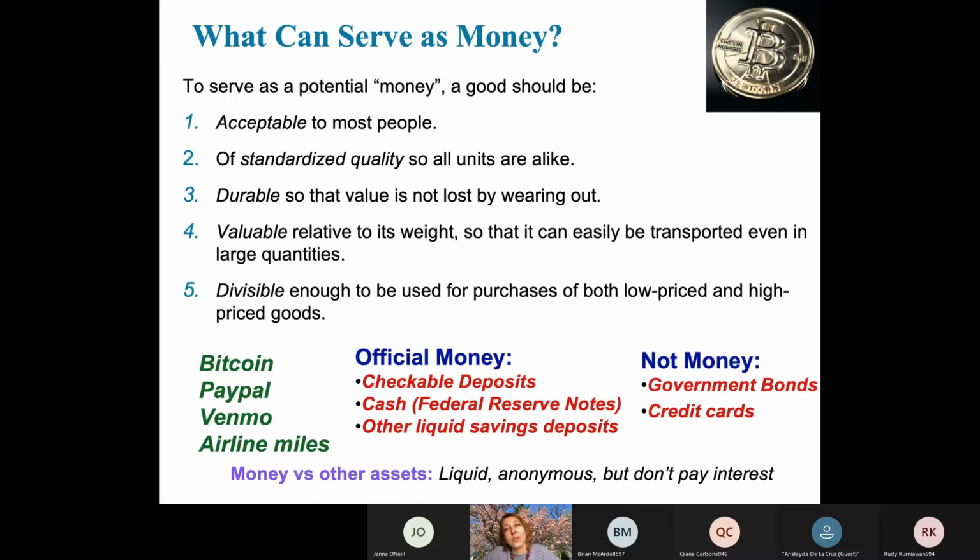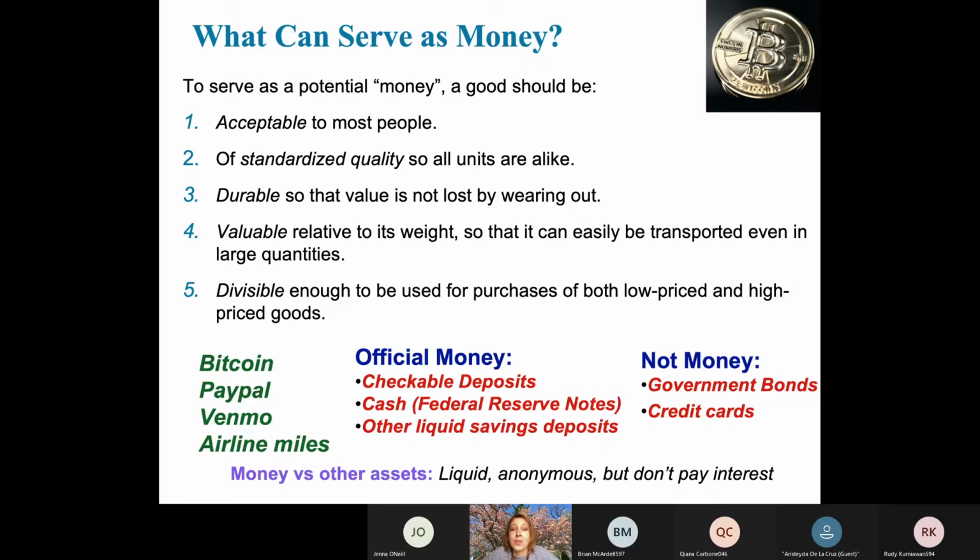So yeah, Bitcoins don't get perished unless you lose your account and forget your passwords, right? So another condition is that the object needs to be valuable relative to its weight, so you can carry it, easily transport it in large quantities, right? So there's nothing easier than transporting a Bitcoin in large quantities. So it weighs nothing, zero.